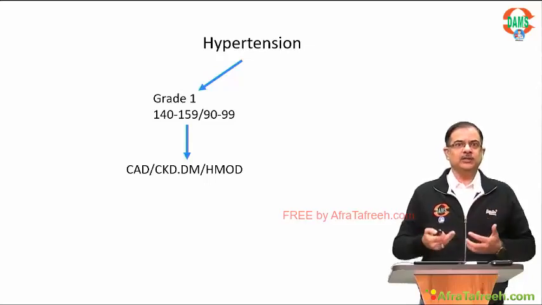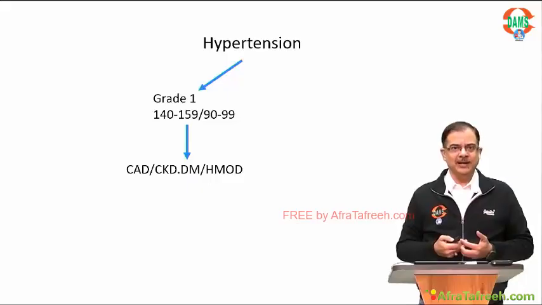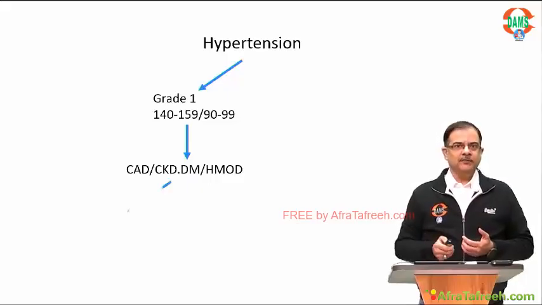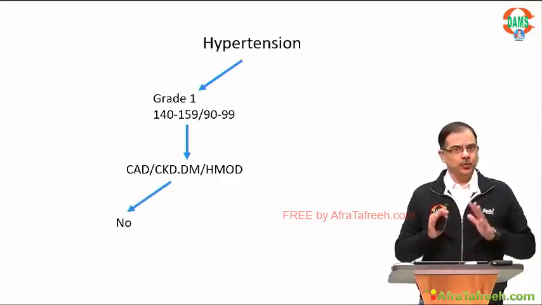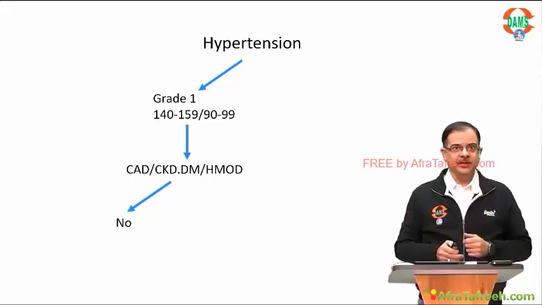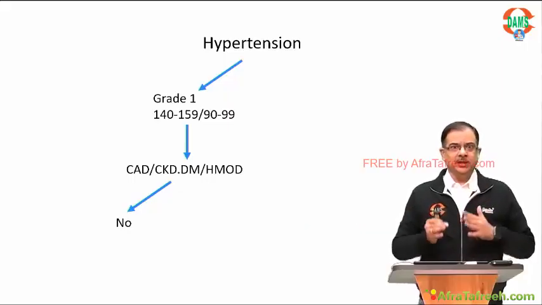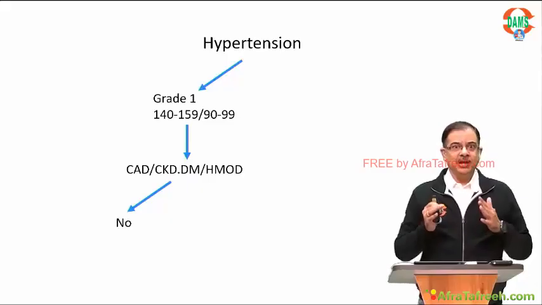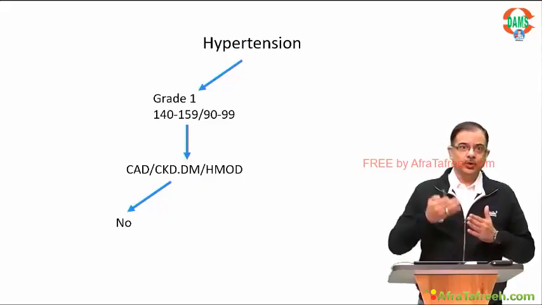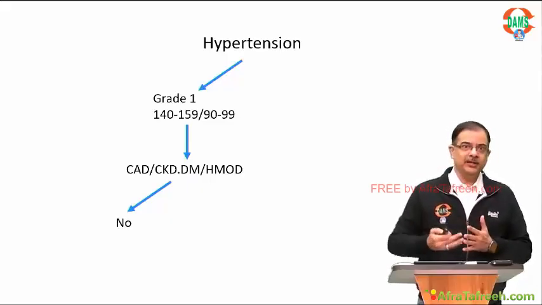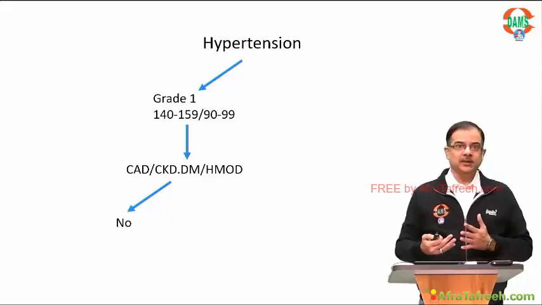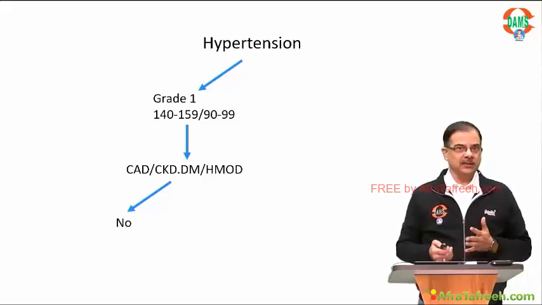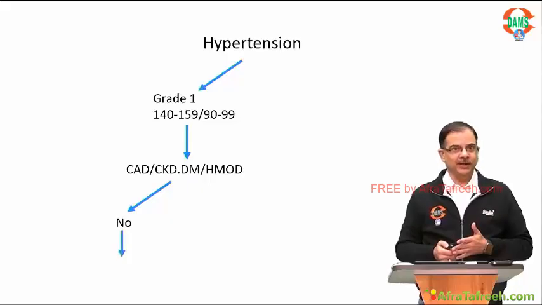These are known as hypertension mediated organ damage. If none of these things are present, then initially we go for lifestyle changes like low salt intake, high potassium intake, exercise, and quitting smoking. These are the lifestyle modifications.